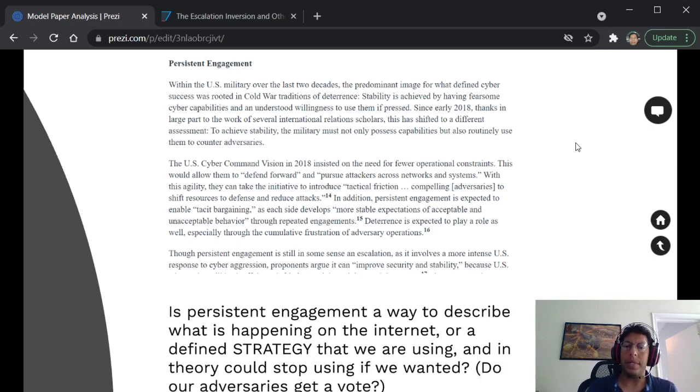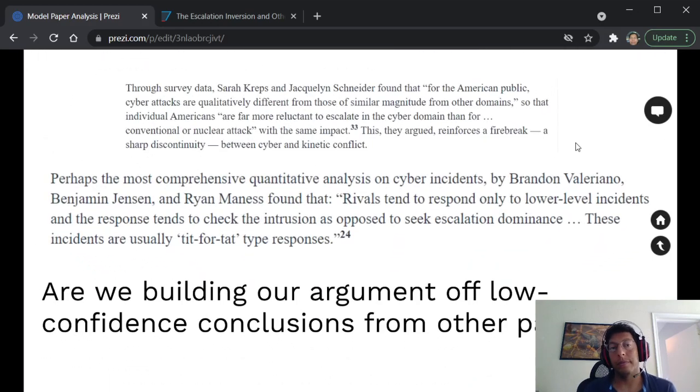And by the way, it always annoys me when people confuse Sony with Sony Pictures Entertainment, which I think this paper did do. So don't do that. Anyway, those are things where, by saying persistent engagement itself is escalatory, I don't think that's right. I just don't think that's how you should talk about this stuff. I could be wrong. Everyone can disagree.